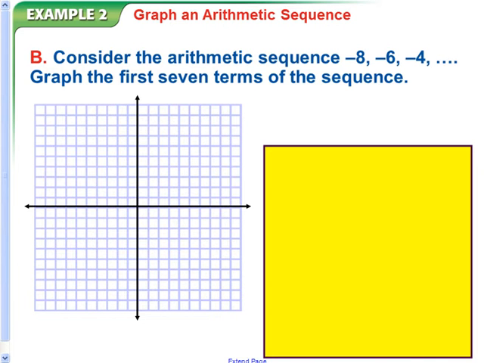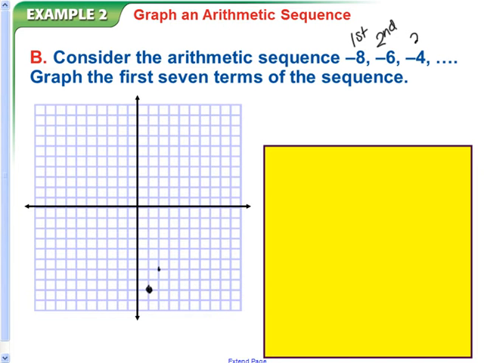And then that same sequence, let's plot them. So make sure that you've got some graph paper. And then what we do is we plot it with its position. This one is our first term, and so we go over 1, down 8. This one is the second term, so we go over 2, down 6.